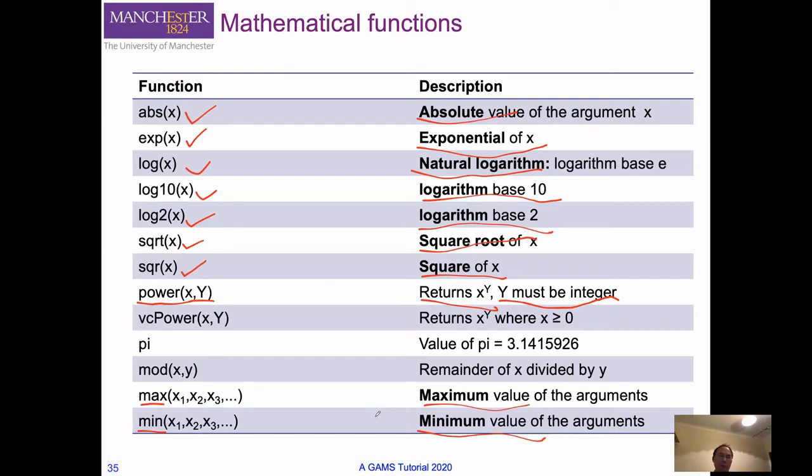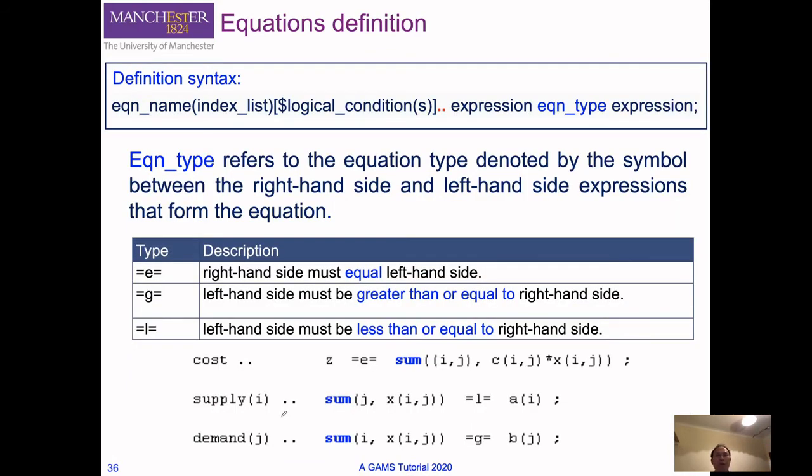These max and min functions are different from the smax and smin index operators. In these max and min functions, we don't involve any index. Based on this, then we can define equations. As we mentioned, the difference from what we have introduced in GAMS tutorial 1 is the index list.